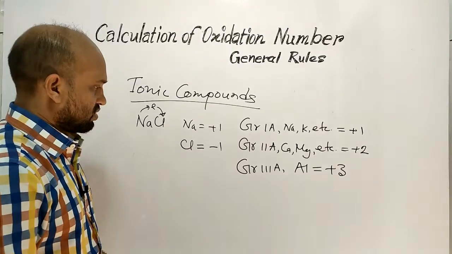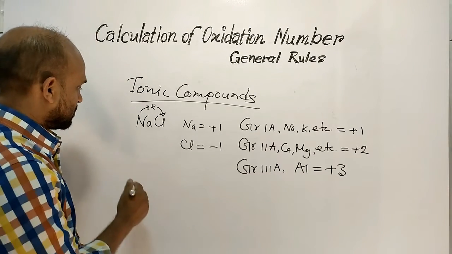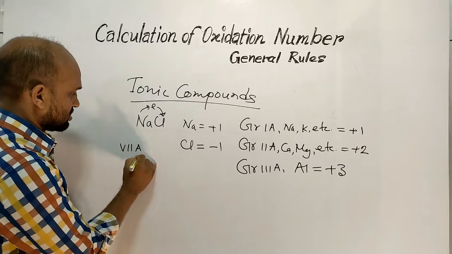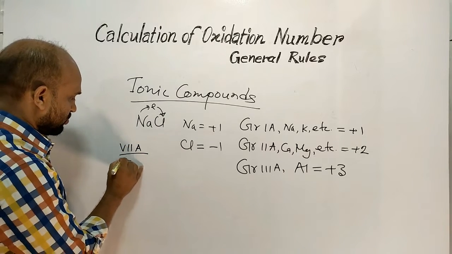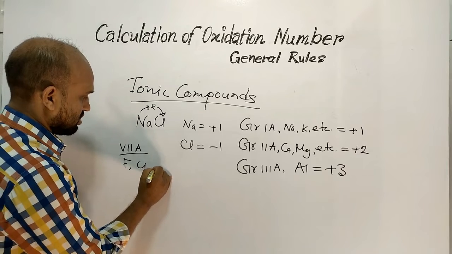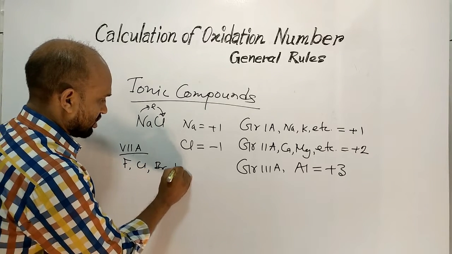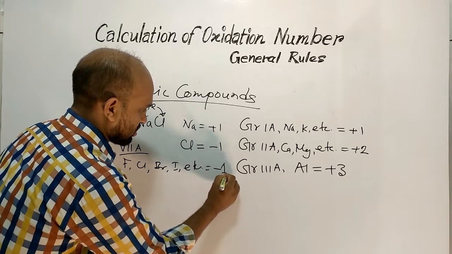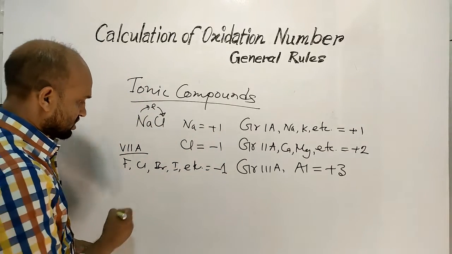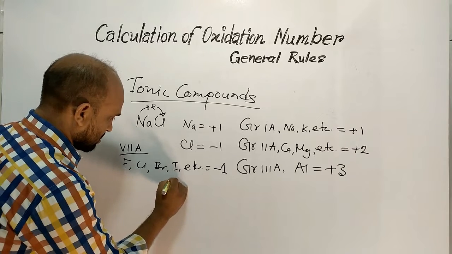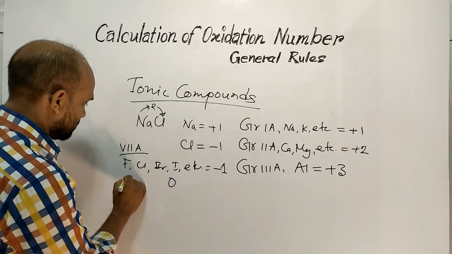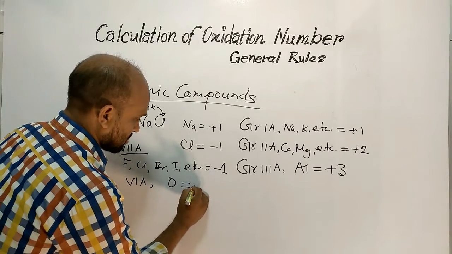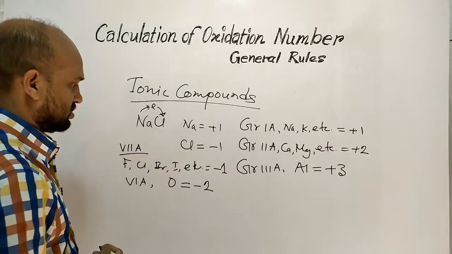Similarly, oxidation number of 7A elements like fluorine, chlorine, bromine, iodine, etc. is -1. Oxidation number of oxygen, that means group 6A element, is -2.